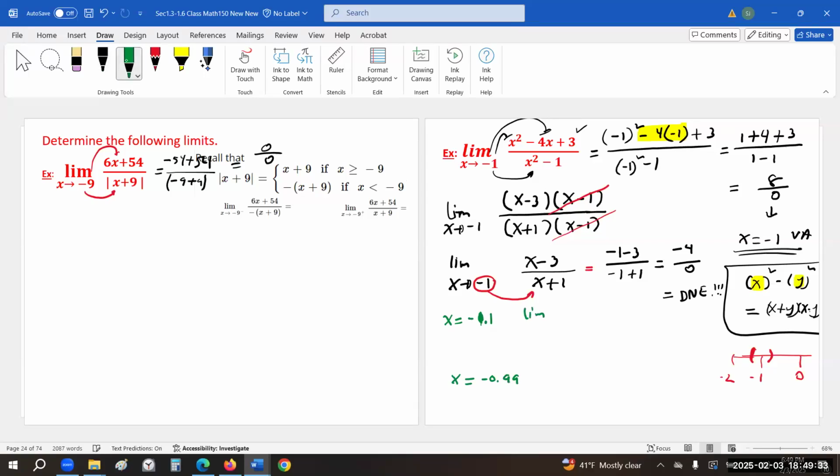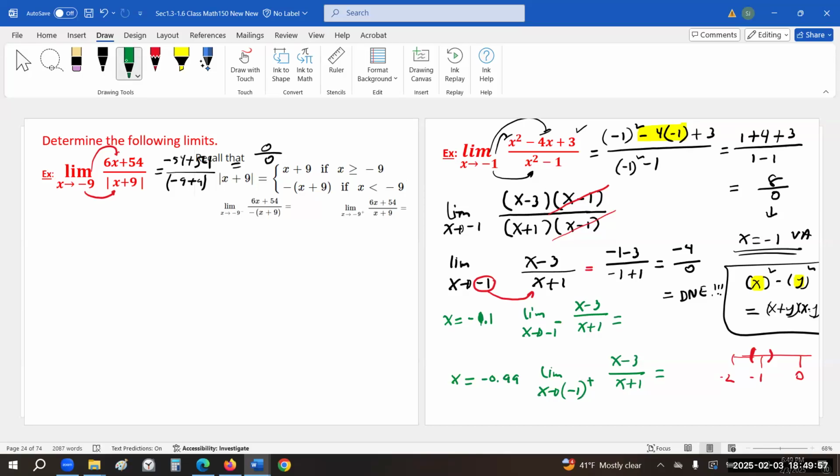The limit as x goes to -1 from the left side of (x minus 3) over (x plus 1), and the limit as x goes to -1 from the right side of (x minus 3) over (x plus 1).